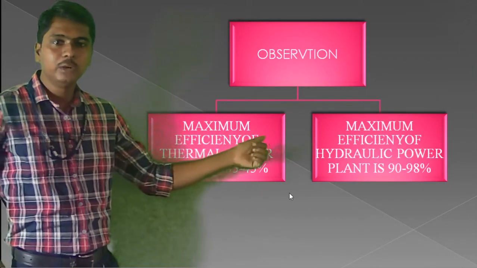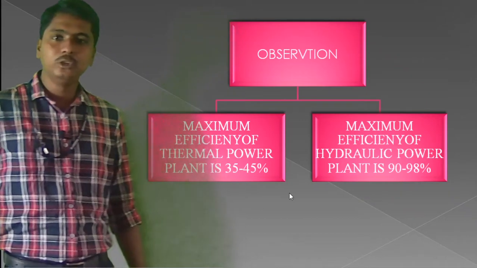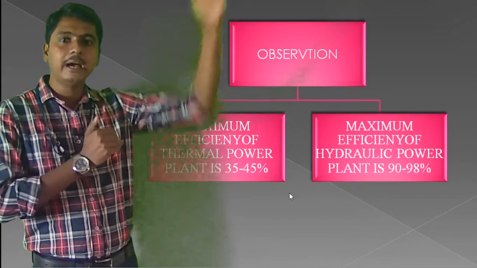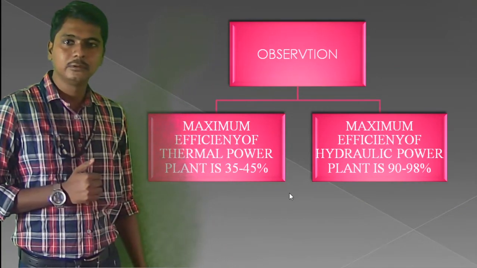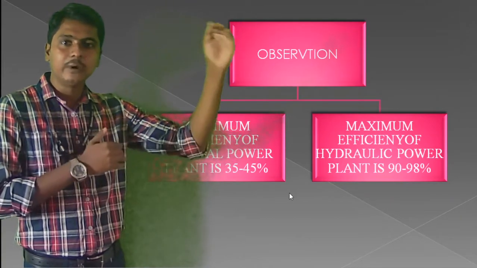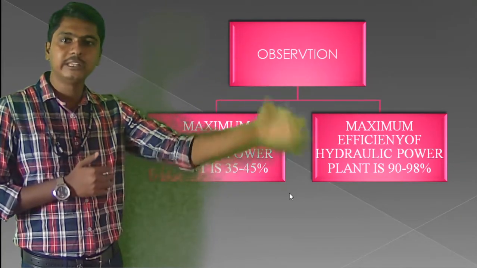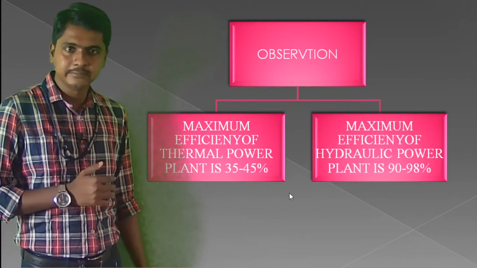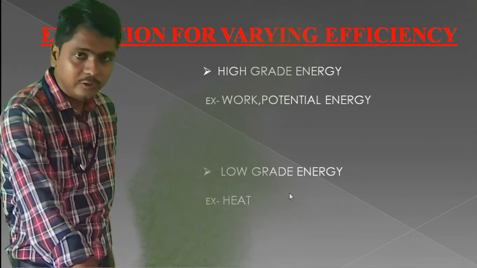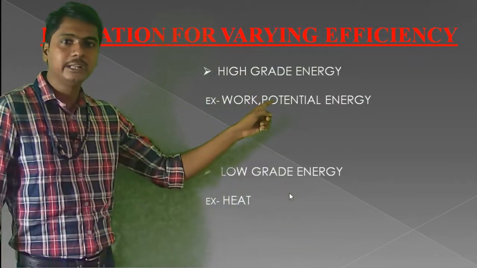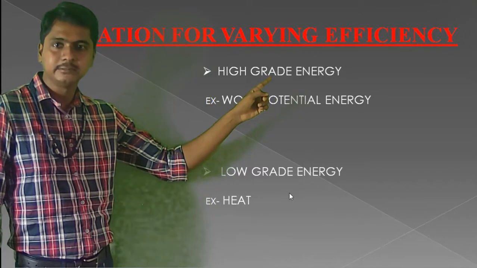Similarly, when we talk about a hydraulic power plant, we store water at some higher elevation, and in that case the water has some potential energy. And you know this potential energy comes under high grade energy.